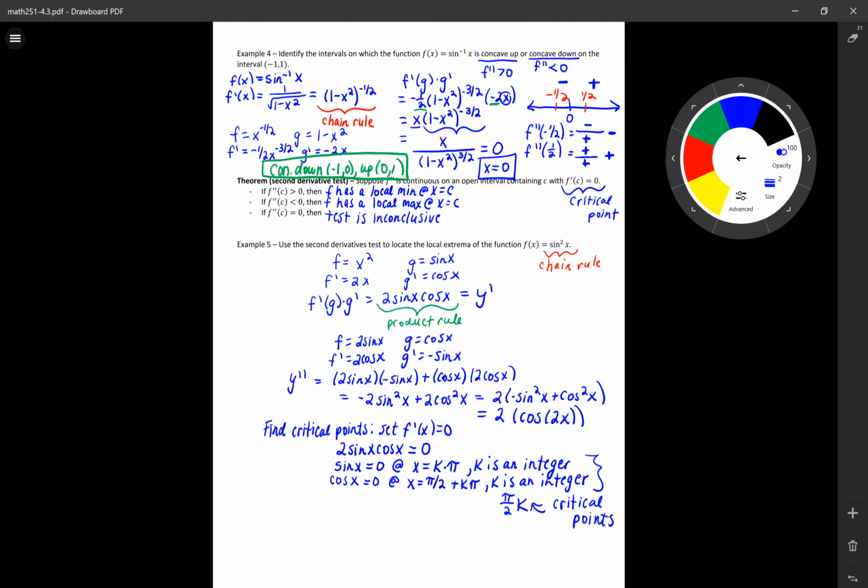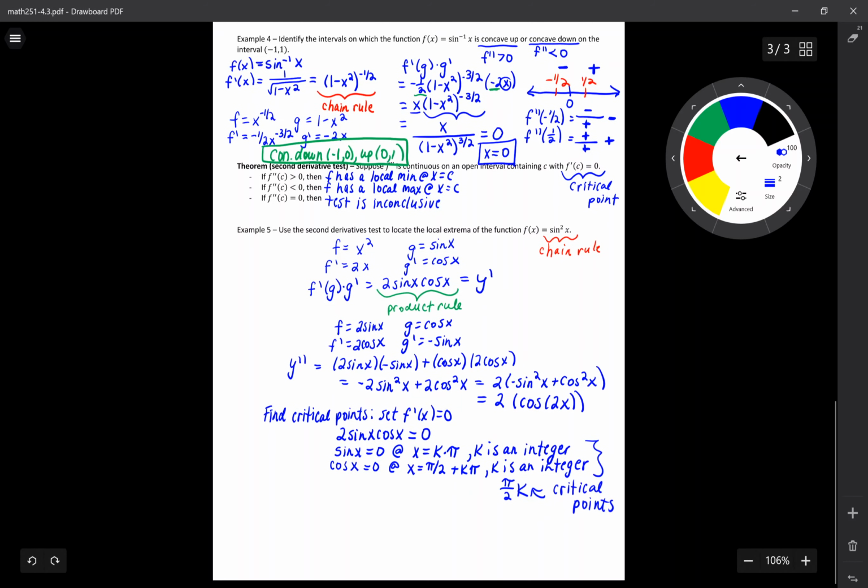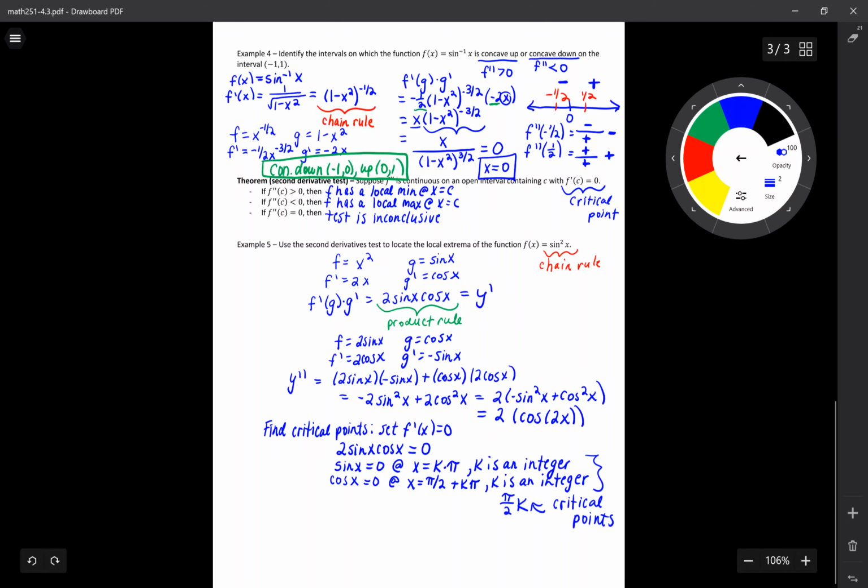So now to see if I have a local max or local min at these critical points, I need to apply the second derivative test. So I'm going to apply f double prime, and I'm going to test some values of k here. So if k is equal to 0, then I get a critical point of 0.